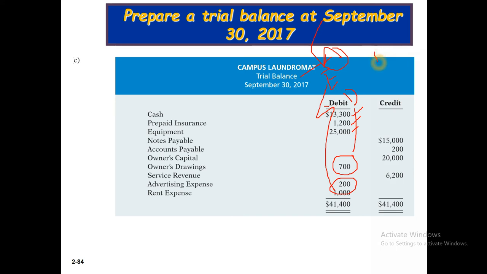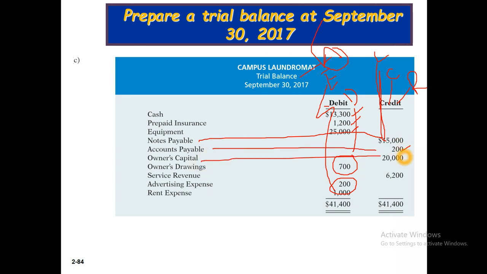Here all liabilities, capital and revenues will be credit. Liability credit, capital credit, and revenue credit. So this is our note payable, this is credit, and this is accounts payable, this is credit, and this is the owner's capital, this is credit, and this is our revenue, 6,200, this is credit.